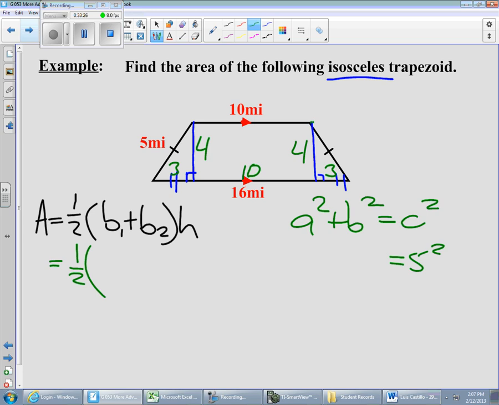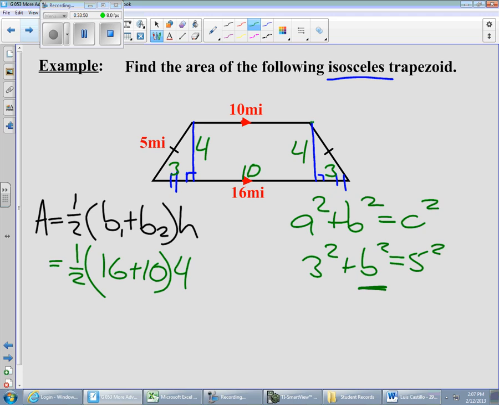Do you know base 1 and base 2? It does not matter which one is which. Simply get them plugged in, and the height is 4. Even if you didn't remember the whole Pythagorean triple thing, you could still plug into the Pythagorean theorem over here and solve for it. Anyway, it's all done but the number crunching here.